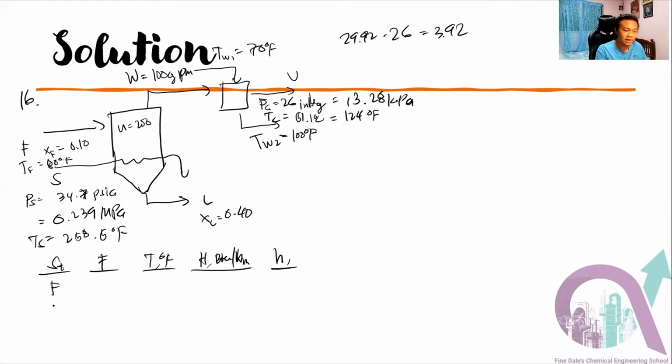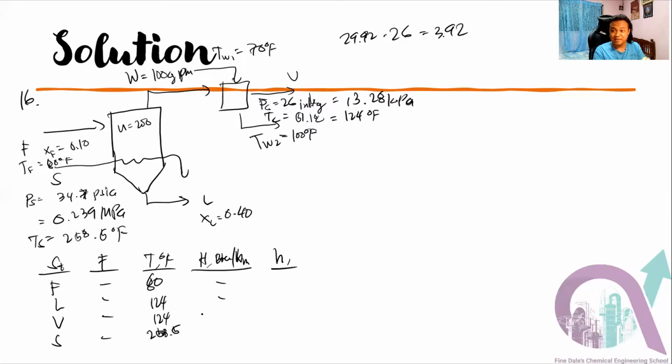You have your feed, your thick liquor, your vapor, and then your steam. We don't know the flow rates. We know the temperatures: 124, 124, then 258.5. We don't have the vapor enthalpy for them yet.